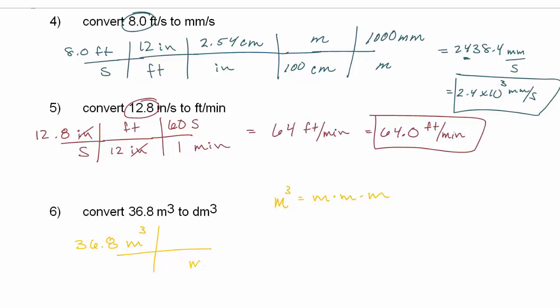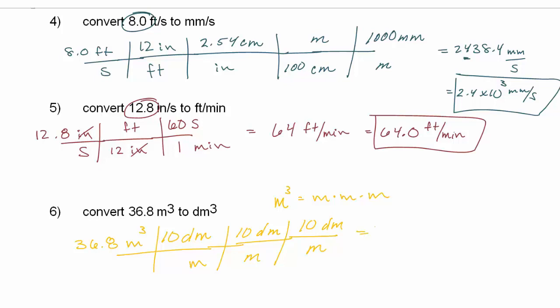A meter to decimeter, the number goes with the deci. Just do it 3 times. And we'll get those cubic meters to cancel, end up in cubic decimeters. Or we could have just cubed our conversion factor. That would have been a lot less writing.